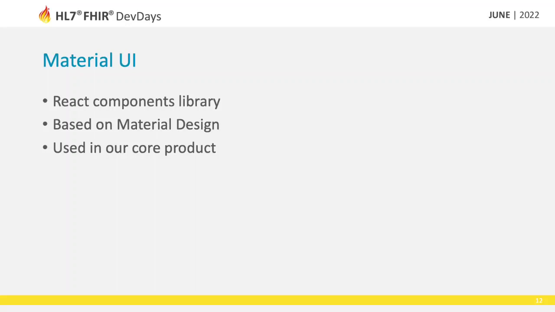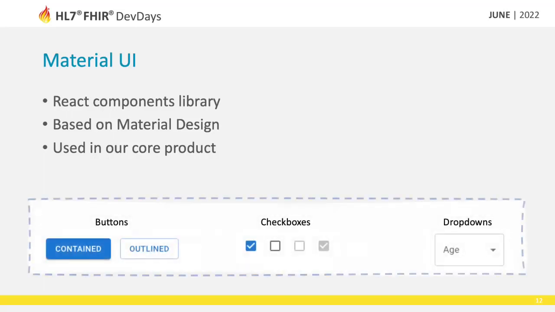There are high-level components such as dialogues, tables and lists, and there are lower-level components such as typography, buttons, text fields, and checkboxes. Each of these components can be configured and customized. You can see some examples of Material UI components at the bottom of this slide.